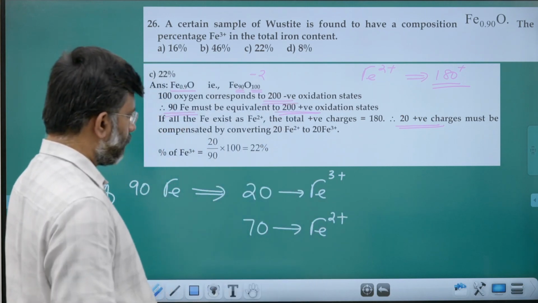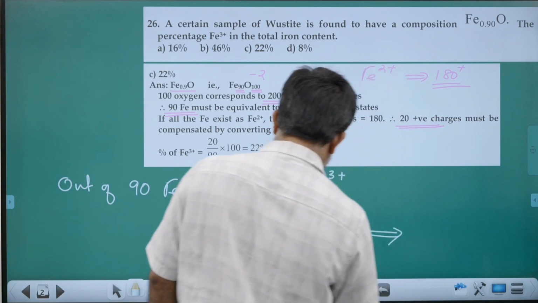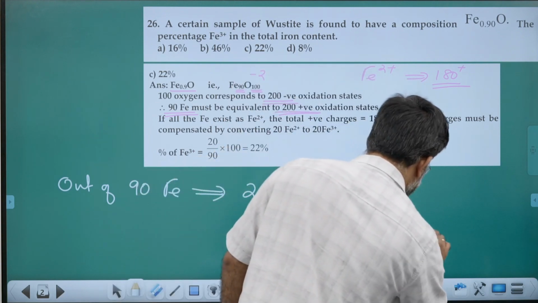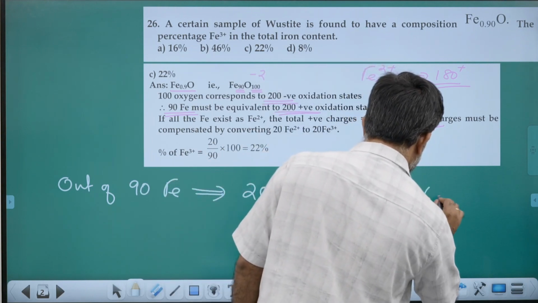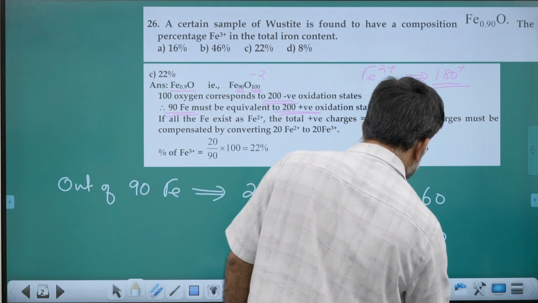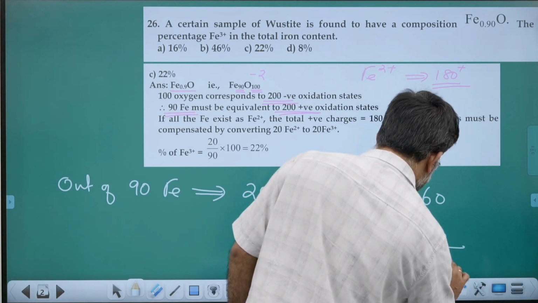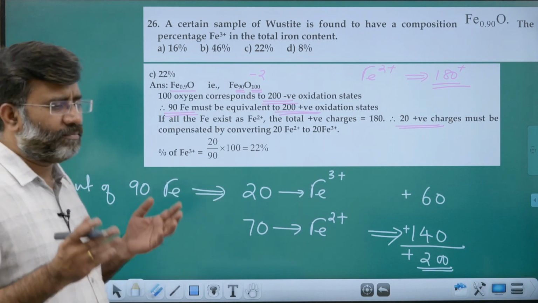Now please work it out. 70 into 2+ is 140. 20 into 3+ is 60. So positive 140 and positive 60, you get plus 200 charge, and that is compensated. Now you see, it's simple mathematics.